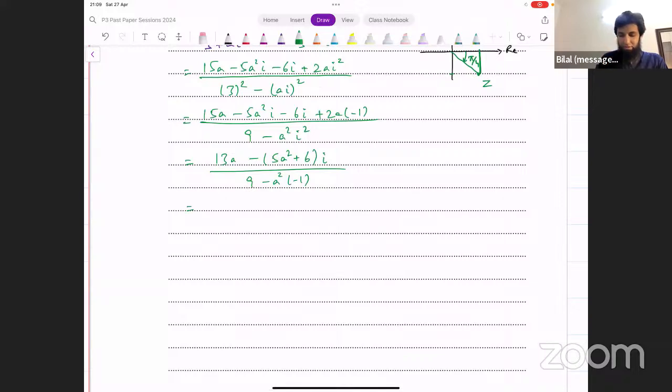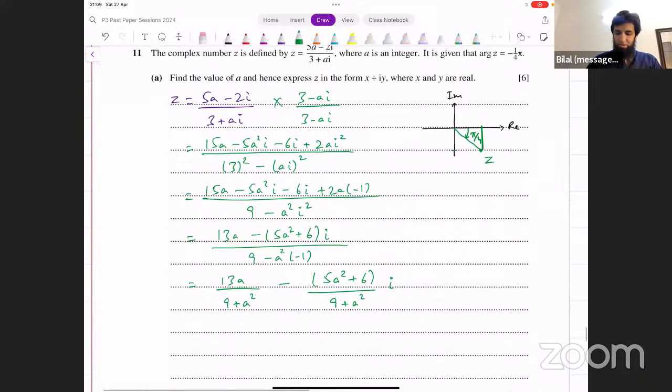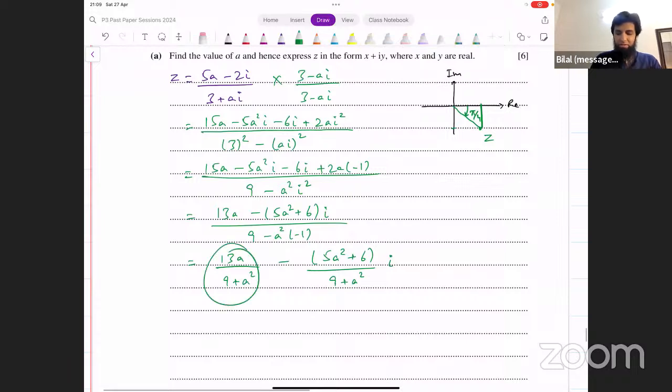And that gives us, if you were to split the real part and imaginary part as well now, 13a over 9 plus a squared, minus (5a squared plus 6) over 9 plus a squared, whole multiplied by iota. This is what we get when we simplify this whole thing. We have this real part and this imaginary part. All right, we have gotten rid of iota from the denominator now, and now this is the standard form x plus y iota.